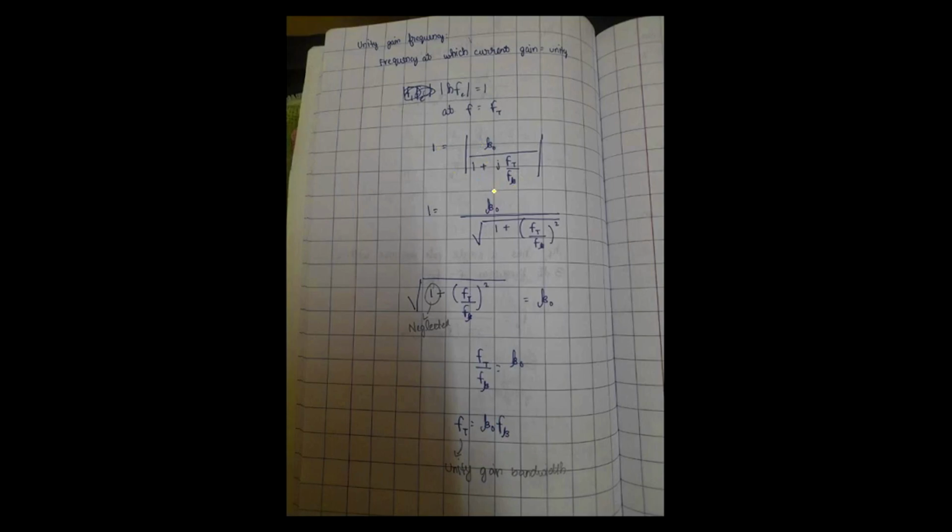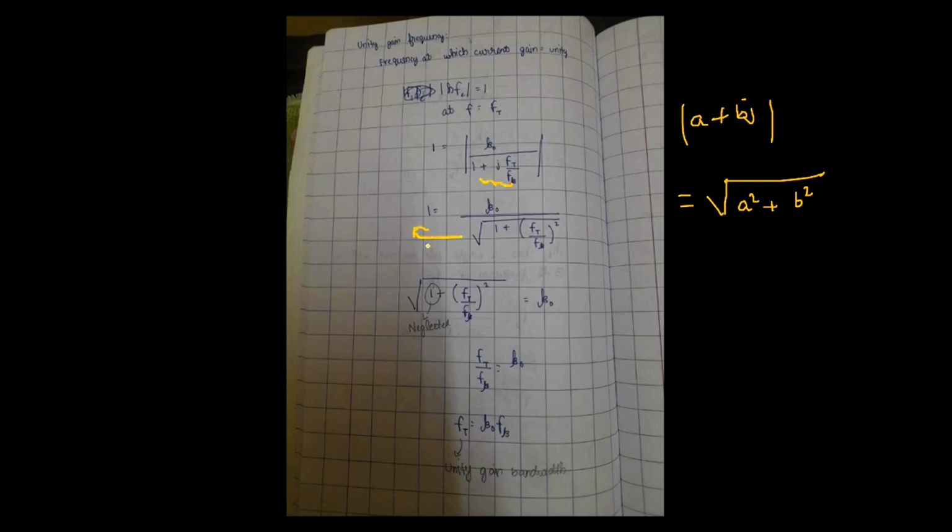Upon finding the magnitude, when you have any complex number of a plus bj type, the magnitude is always root under a square plus b square. So here b is ft by f beta and a is 1. So we have root under 1 square plus (ft by f beta) square.